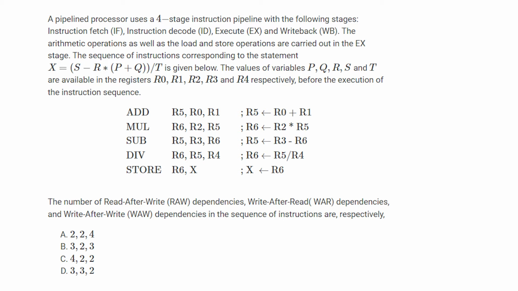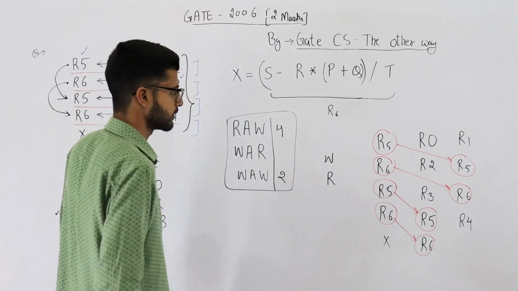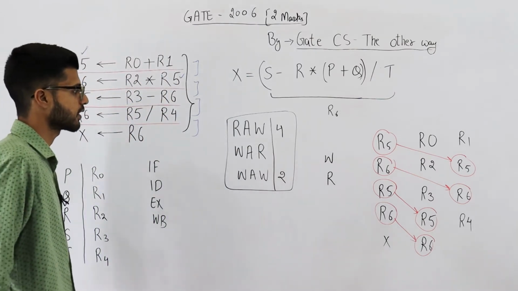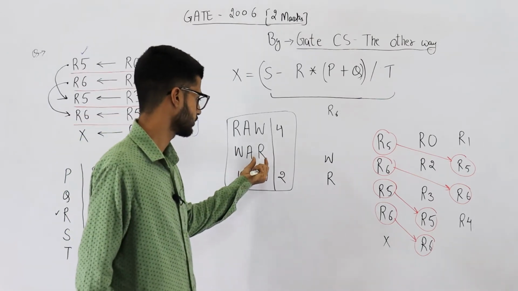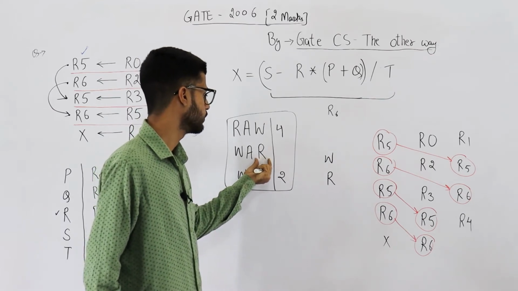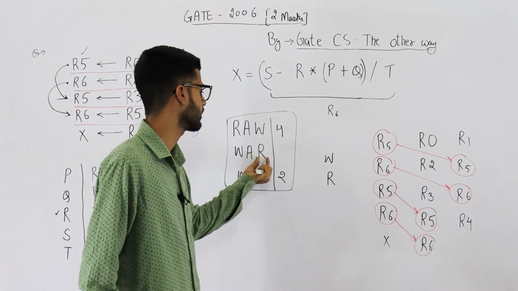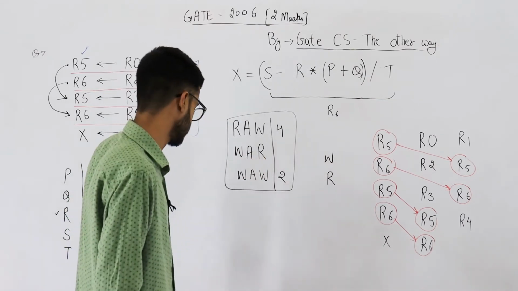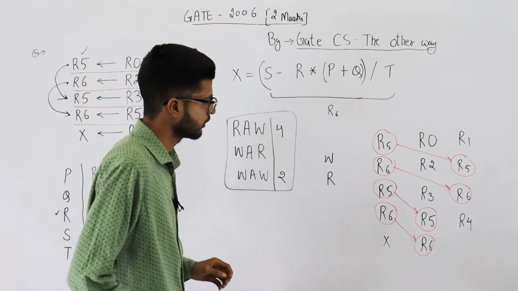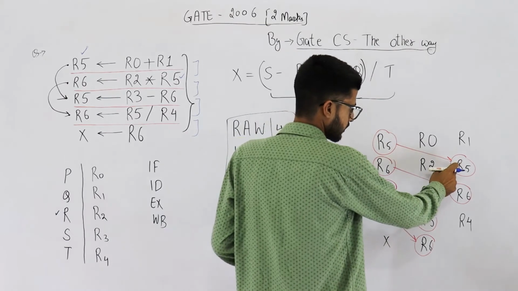Anyways, we are still going to see how many write after read dependencies are there. Write after read means for one register, the instruction is reading a value and the instruction next to it is writing. Okay, so first we are reading, then we are writing. Let's see. Here we have this R5.